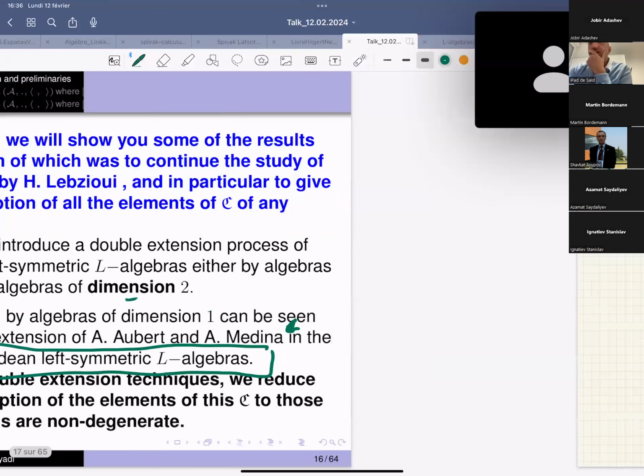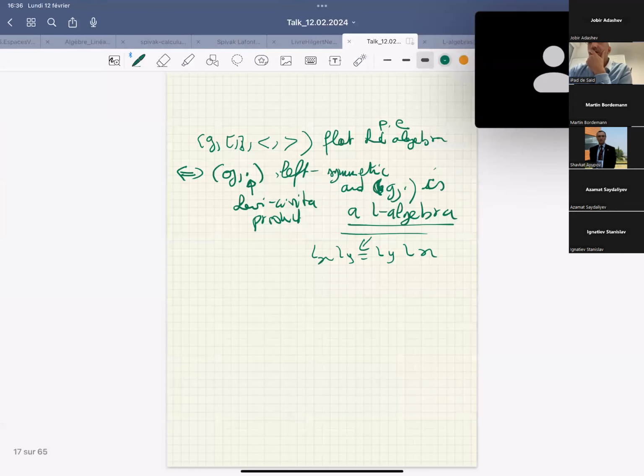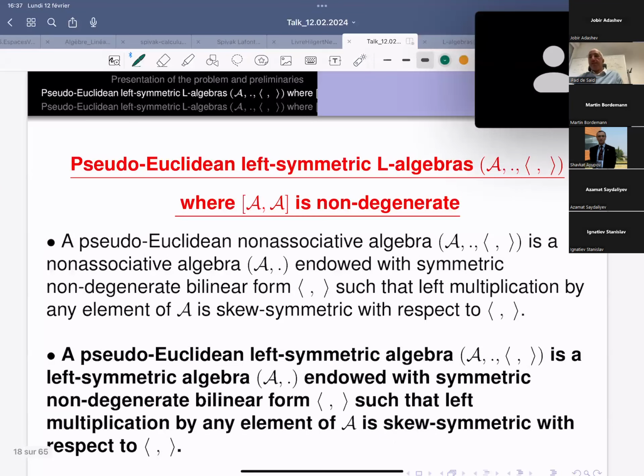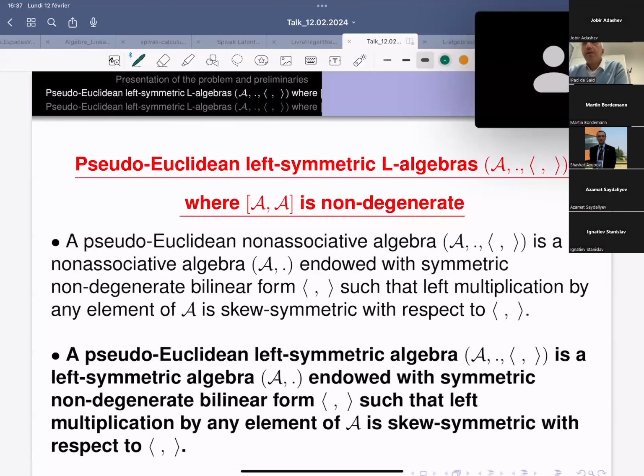Now, if we consider this type of pseudo-Euclidean Lie algebra A, where the derivative ideal is non-degenerate, what about this class?